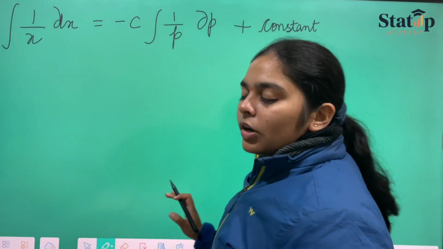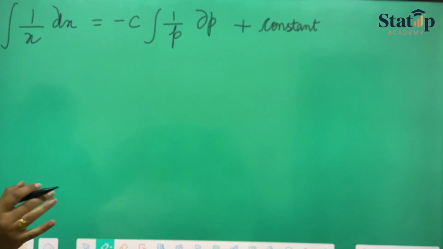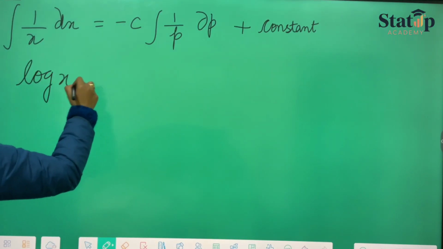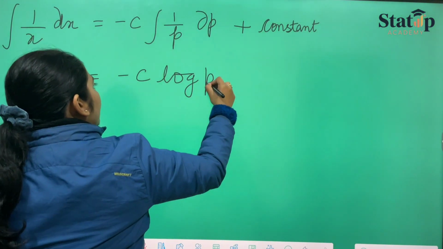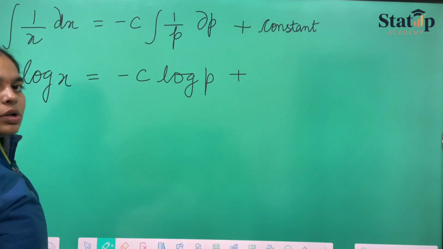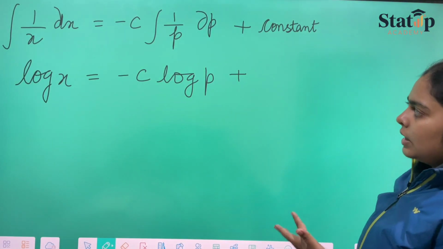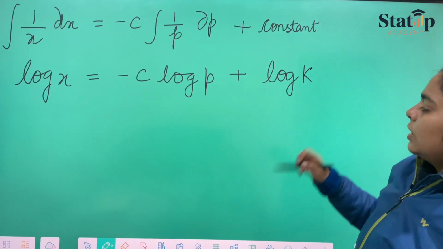The integration of 1 upon x dx would be log of x, and it will be minus c log of p. Now here we can take a constant, let us take the constant as k. Since every term contains log, let us take this constant also as log of k.